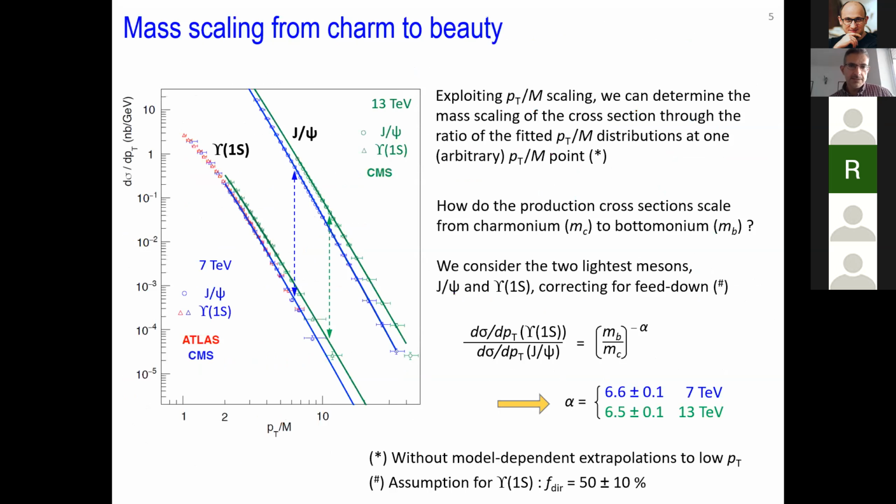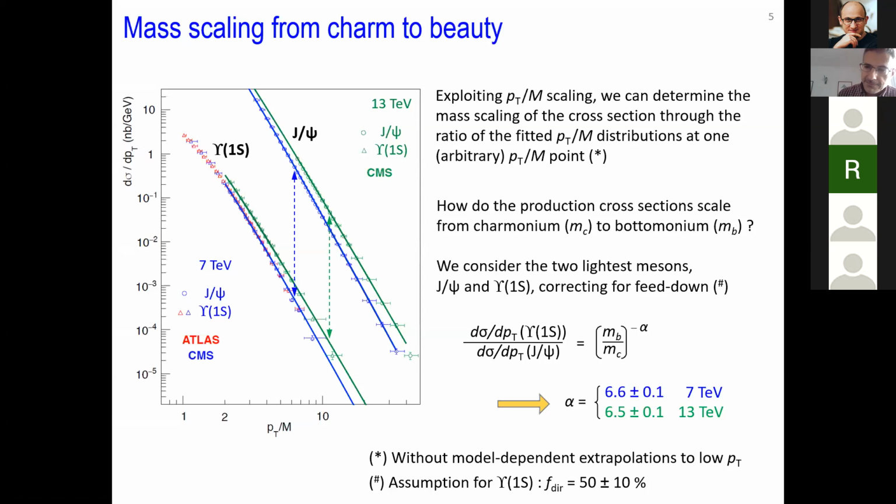In this following slide, we see the mass scaling now, the scaling with the mass. First, we have seen the scaling of the shapes of the spectra. Now, let's see the normalization of the distribution. In particular, let's look at the J psi and epsilon 1S, which are the closest states to the fundamental state.